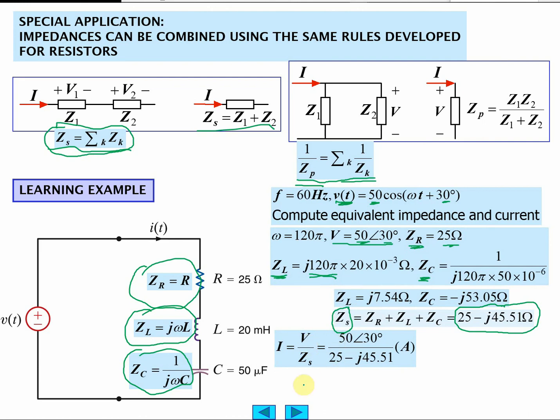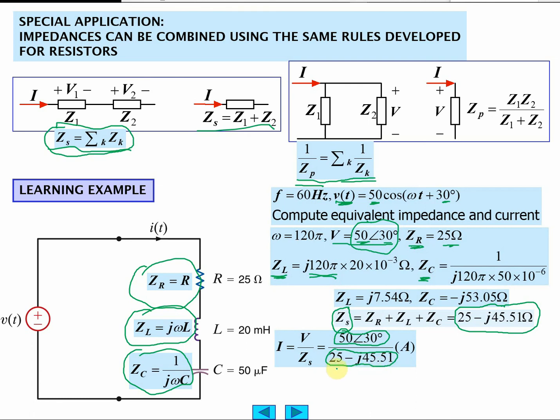Current is V over ZS, 50 angle 30. And this is not in the phasor notation, this is just a complex number notation, but it's just crunching numbers. You can convert back and forth. We had the formulas to do that. The magnitude would be the square root of 25 squared plus 45.5 squared.